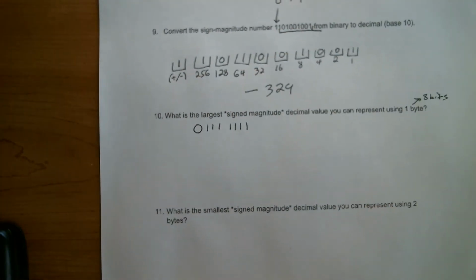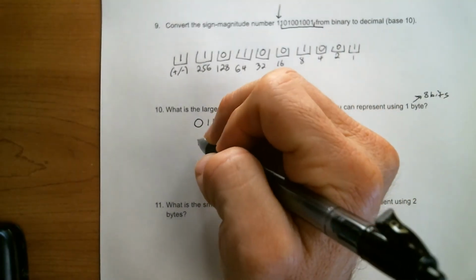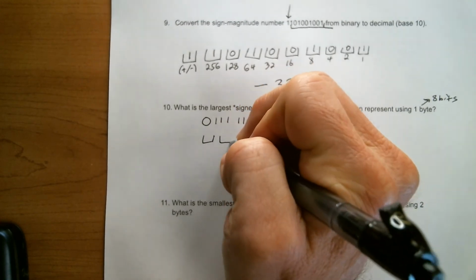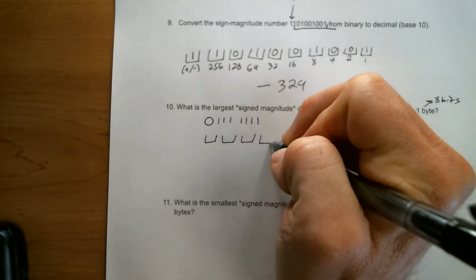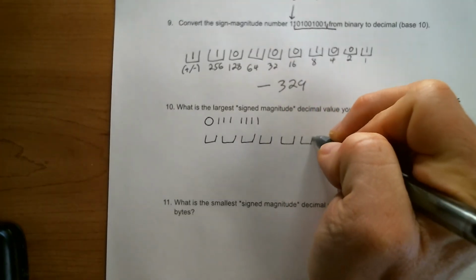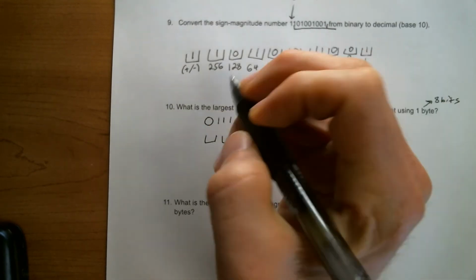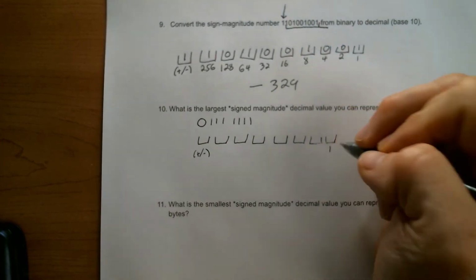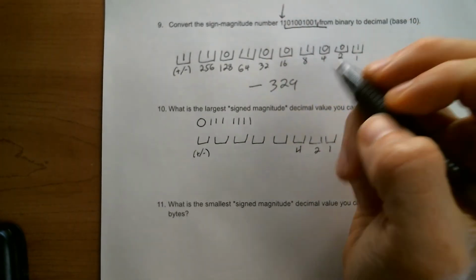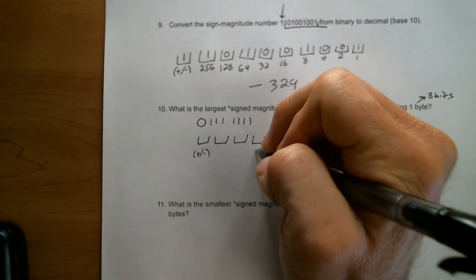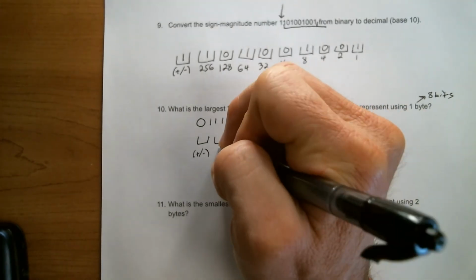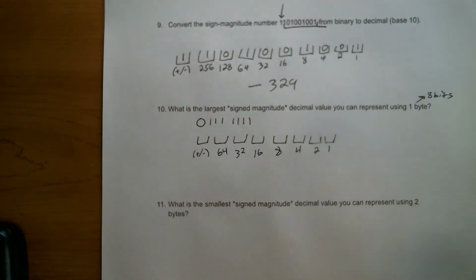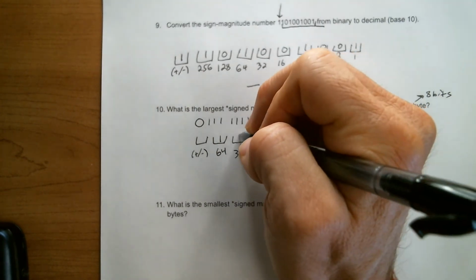Right? Now, what is that actually as a number? All right, well, again, let me make my 8 little buckets here. The first bucket is just your positive negative bucket. And then this is 1, 2, 4, 8, 16, 32, 64. Now, all of these have a 1 in them.